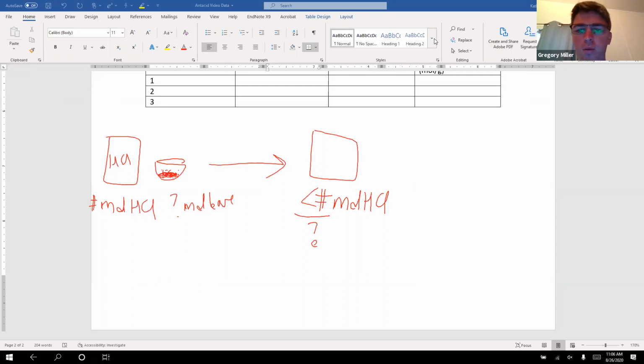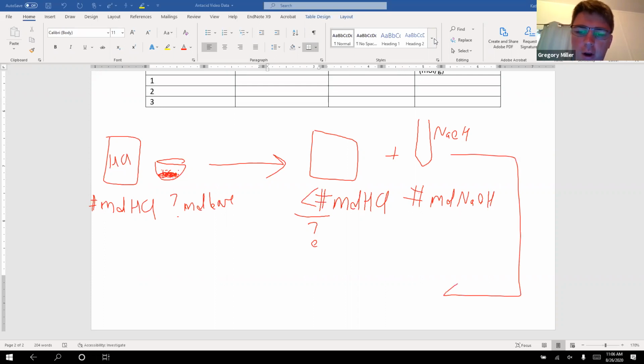Then when we do the titration with NaOH, we know the moles of NaOH we added. That's one of the values we just calculated. And when we're done with all of that, we end up with something neutral, meaning there's basically no HCl or NaOH left.